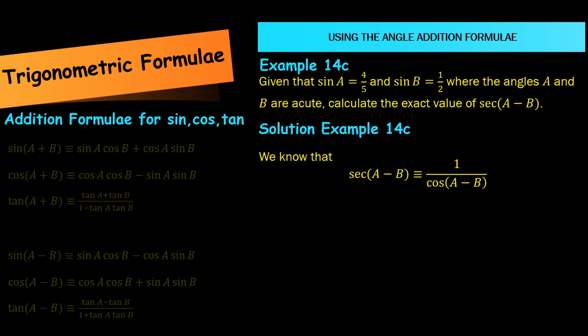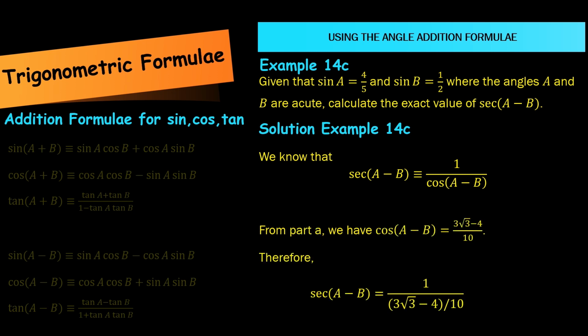Also, from part B, we have that cos(A − B) equals (3 root 3 − 4) all over 10. So plugging this into the formula for sec(A − B) gives us this expression here, which when tidied up is equal to 10 over (3 root 3 − 4).